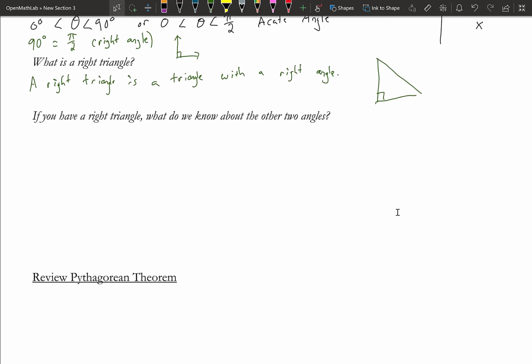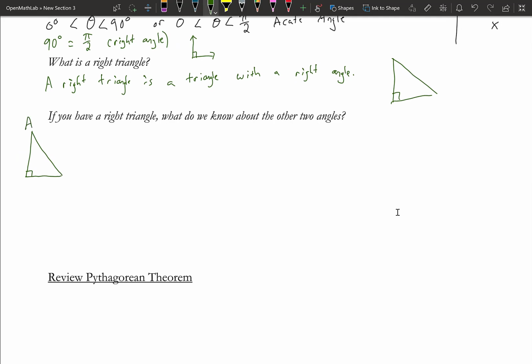That is a good segue into the next part. If you have a right triangle, what do we know about the other two angles? Let's say this is my right angle, and I'll label the angles A, B, C. Angle A plus angle B plus the measure of C equals 180 degrees.